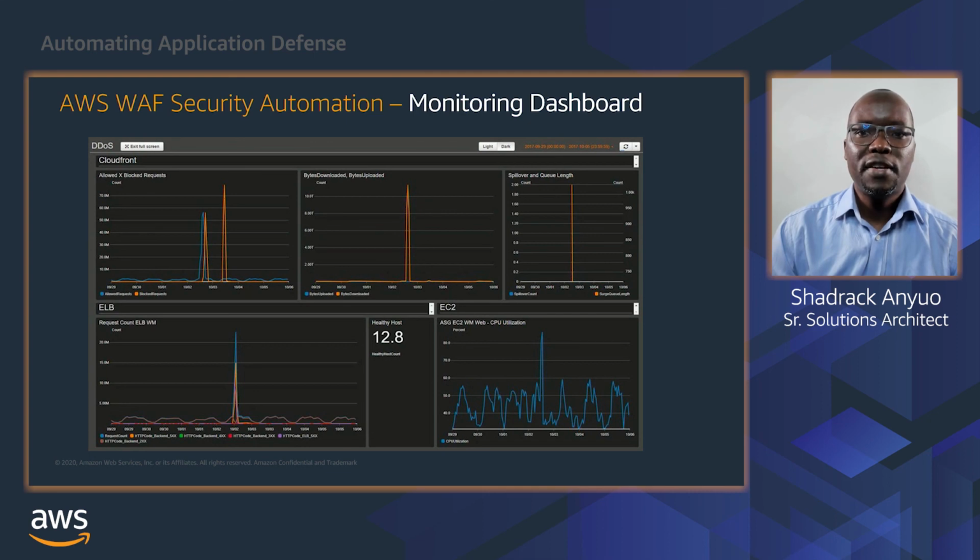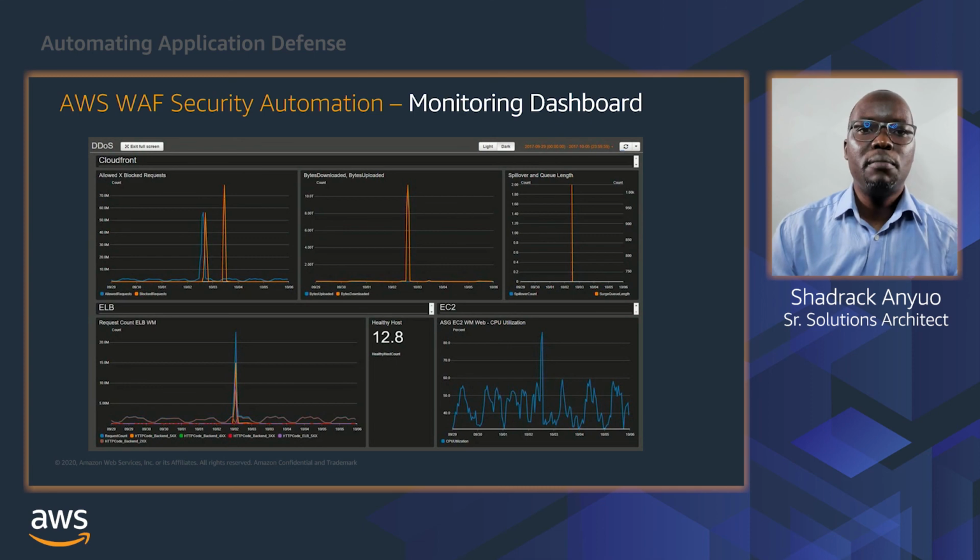And these metrics can be used to track known threats when blocked requests increase, or a new version of an attack when the requests are allowed to access the system. We also have bytes downloaded versus bytes uploaded, and this metric helps you to identify when an attack targets a service that normally does not receive a large amount of access.